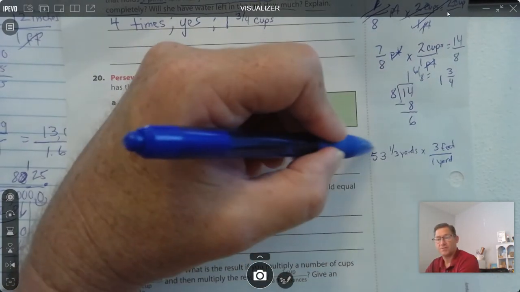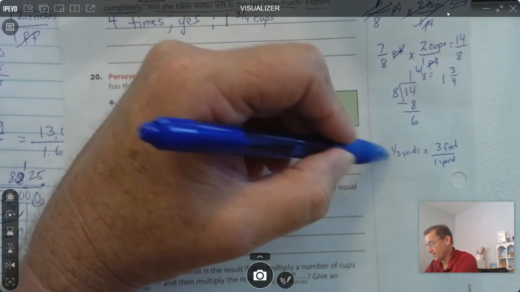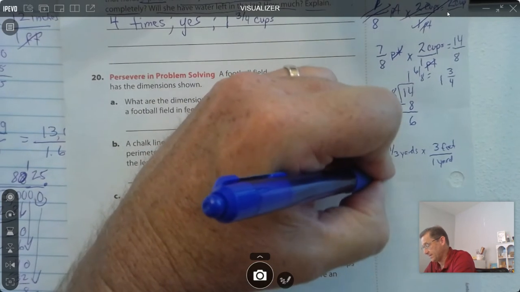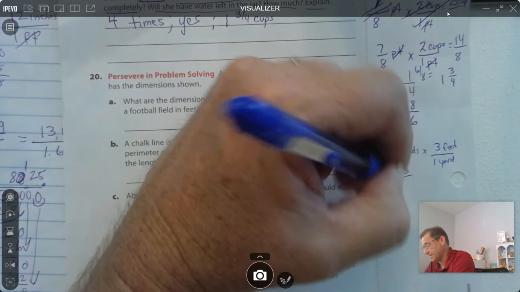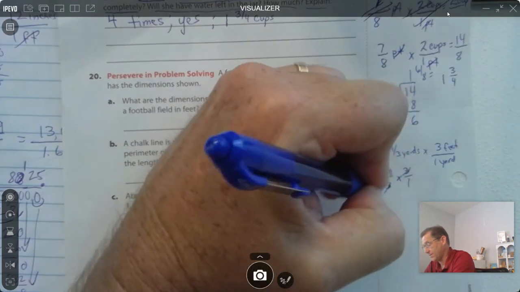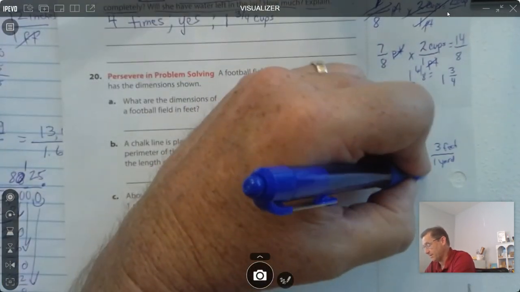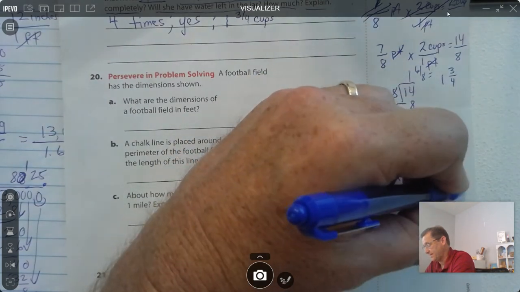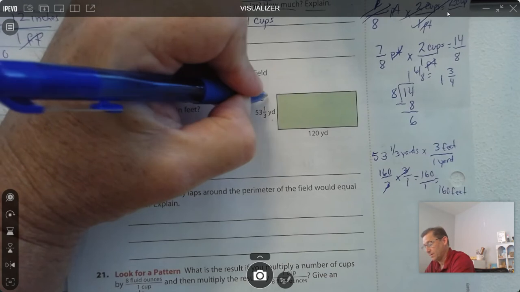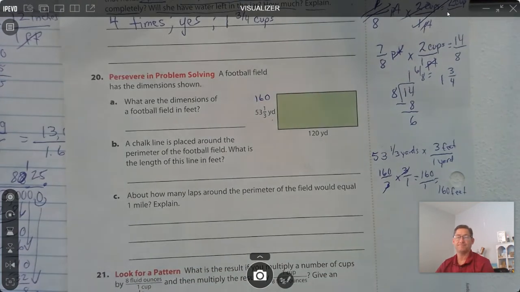We can change this to an improper fraction greater than 1. 160 over 3 times 3 over 1. The 3's will divide out, leaving me 160 over 1, or 160 feet. So 160 feet.